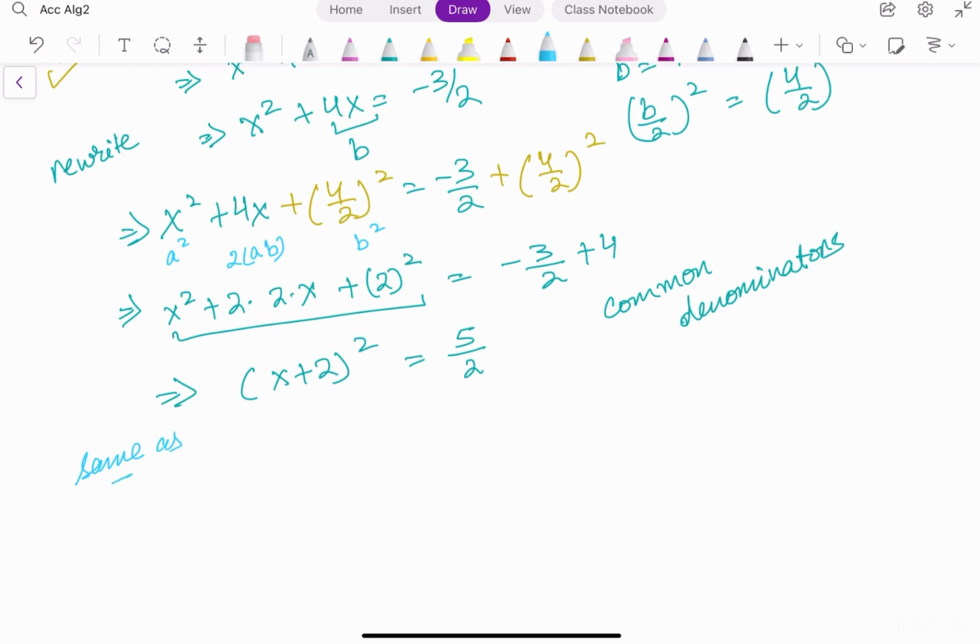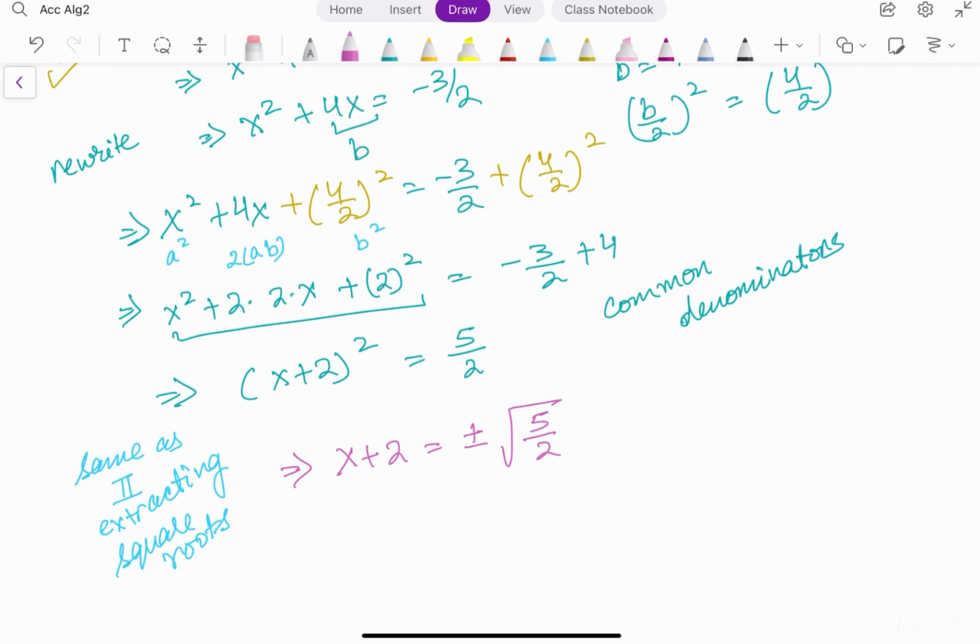Now this is the same as method number 2. So method number 2 was extracting the square root, right? So we can take the radical of both sides. If I take the radical of both sides, I will get x plus 2 is equal to plus minus radical of 5 over 2.